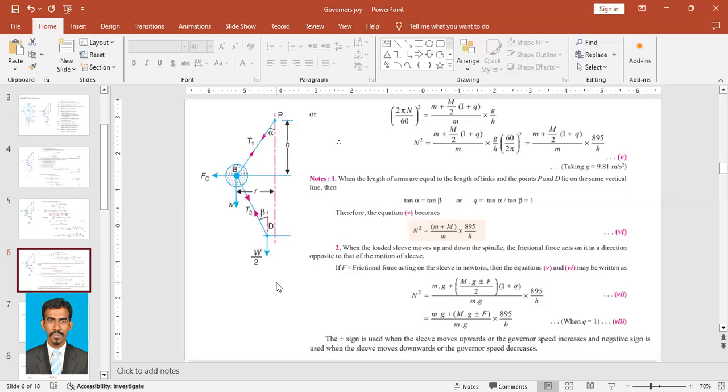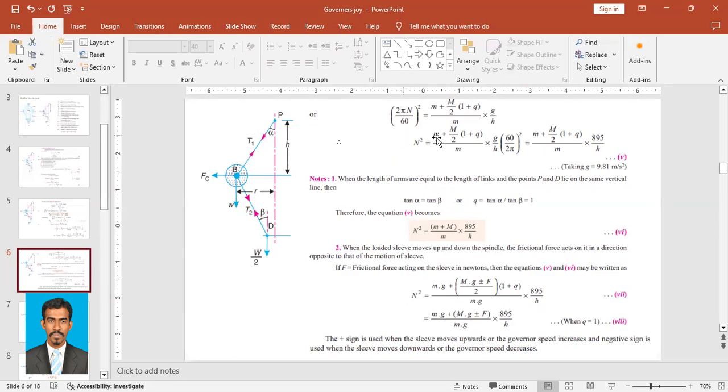If the sleeve is moving downward, the frictional force will be acting upwards. So under such conditions, along with this capital Mg by 2, we also have to add a frictional force, that could be plus or minus F. If it is acting along the way of movement, that is plus. If not, that is minus.